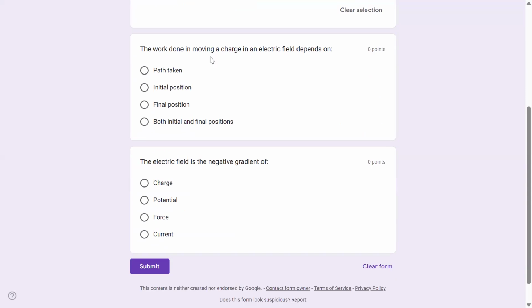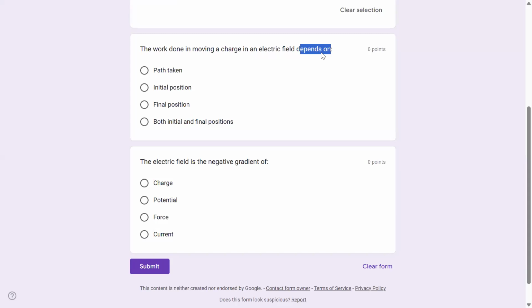The work done in moving a charge in an electric field depends on. Already you are familiar with the words charge, electric field, and work done. Suppose you do work by moving a charge in an electric field, that work depends on: path taken, initial position, final position, or both initial and final position.